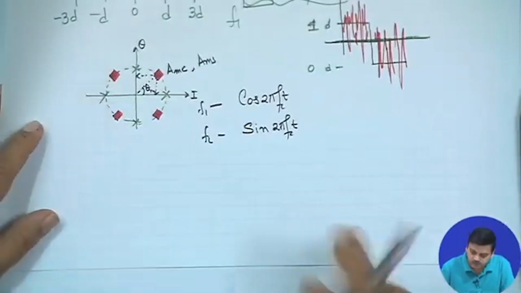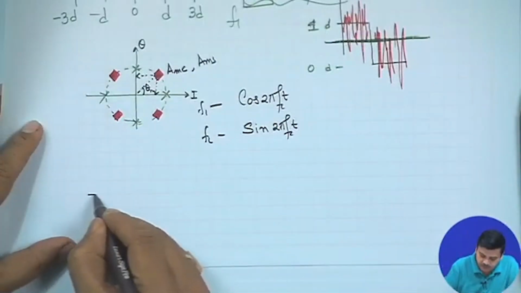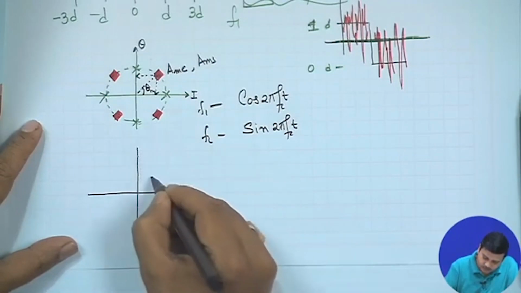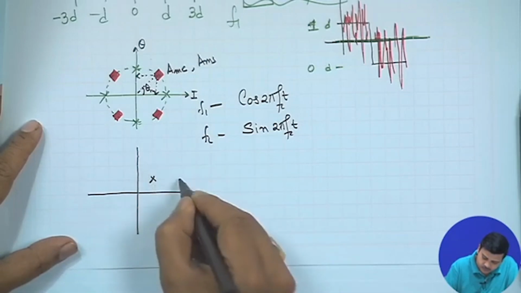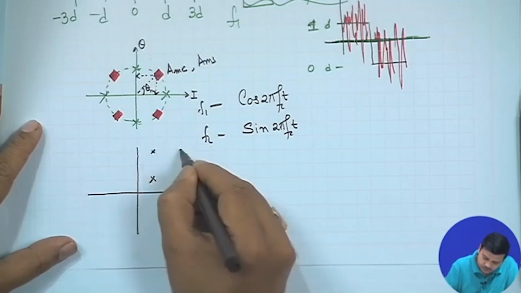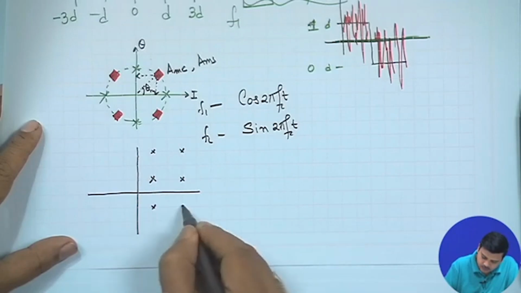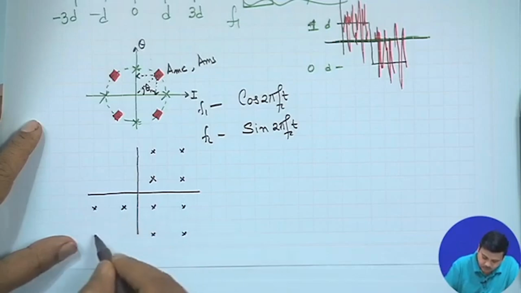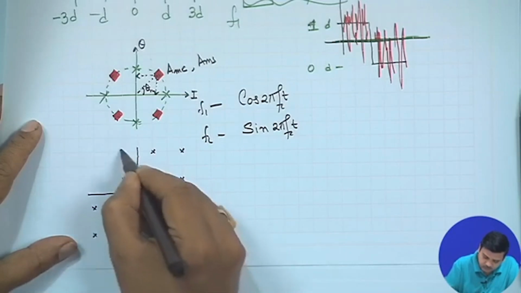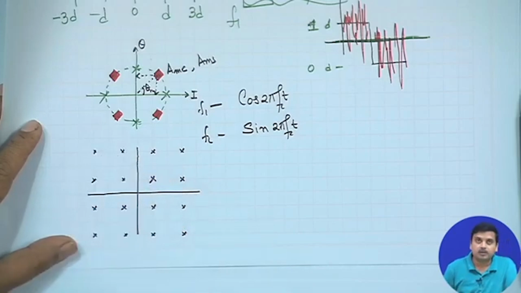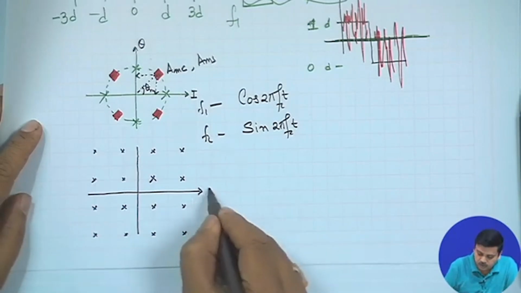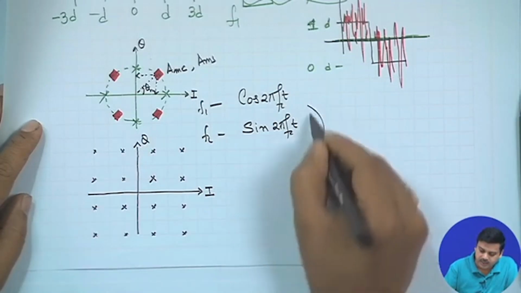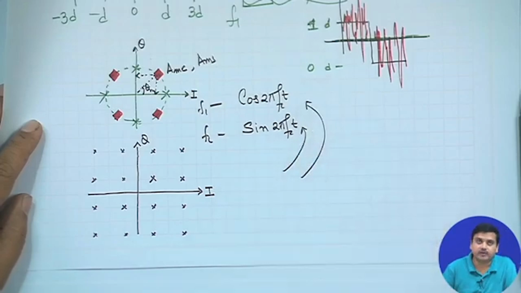So, when we moved into the QAM constellation, in the QAM constellation also we had the I and the Q, and the same basis functions were available.